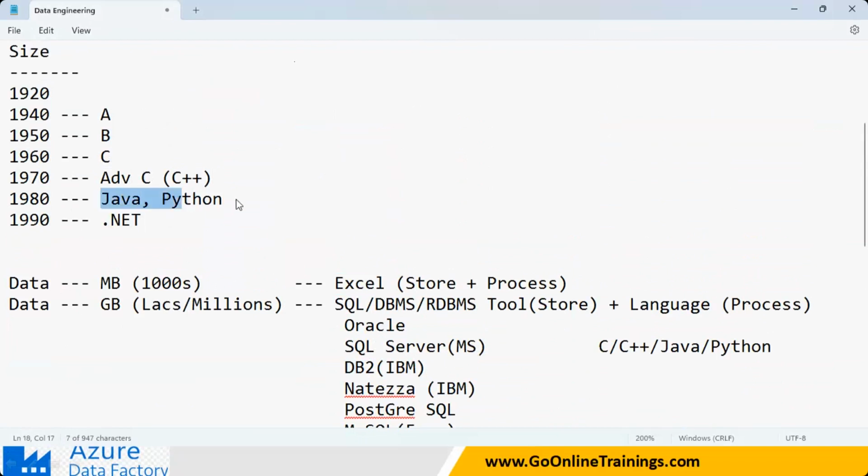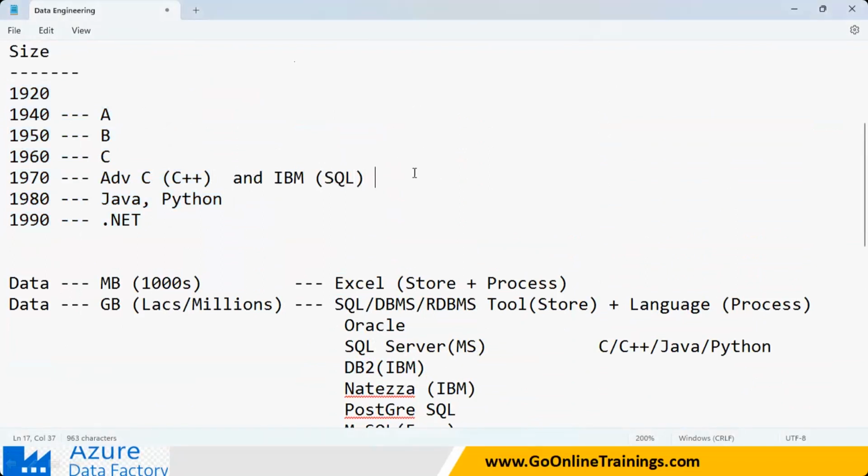Java belongs to Sun Solaris. Python belongs to one more company. C and Advanced C, nothing but C++, were invented by Bell Laboratories. Dennis Ritchie is the founder of the C language, right? So this is the history. We got languages called A and B and C. Only they know how to store the data and how to process the data. In the 1970s, IBM invented a language called SQL to store the data. Clear?